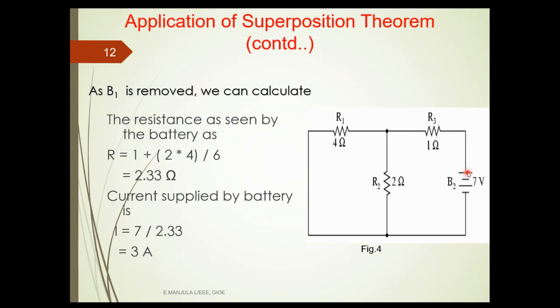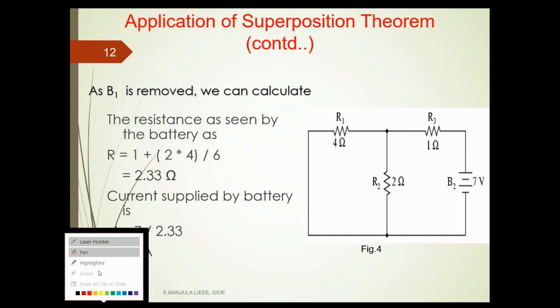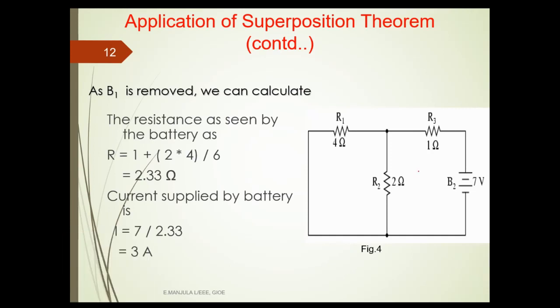So the total current which is coming from this, in the conventional direction, here it is 3 amps. But now we are using the actual direction. Dear students, do not confuse it. Generally we will use only the conventional direction, but here in this problem we have used the actual direction.